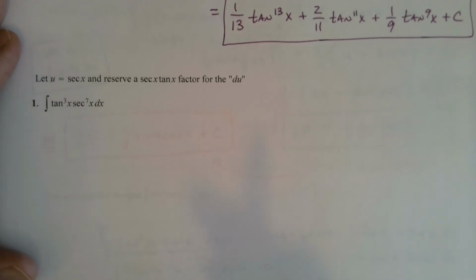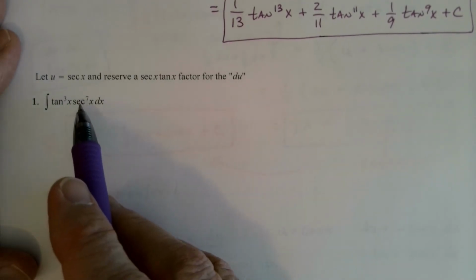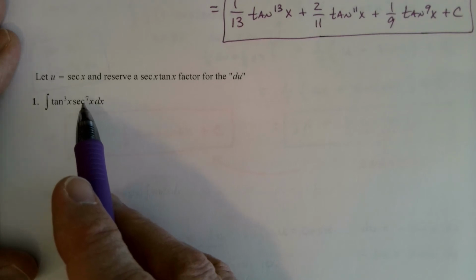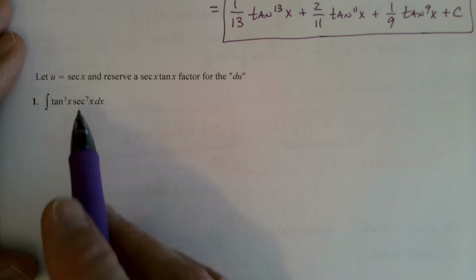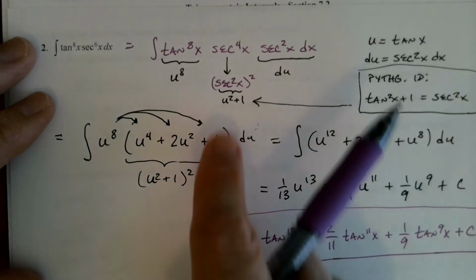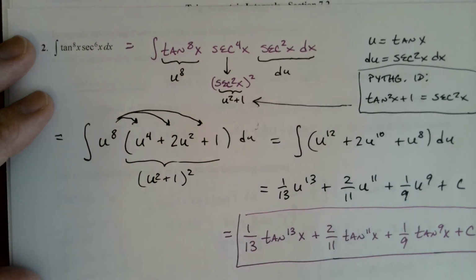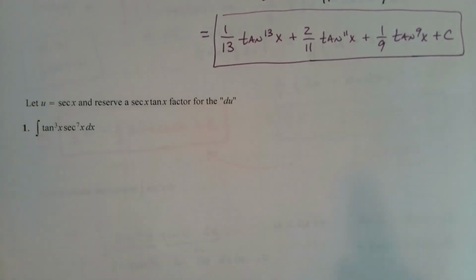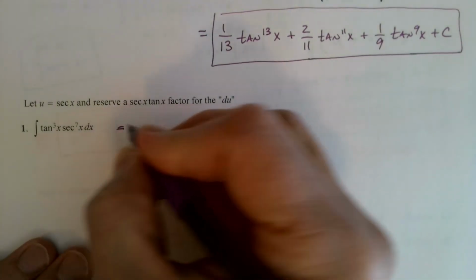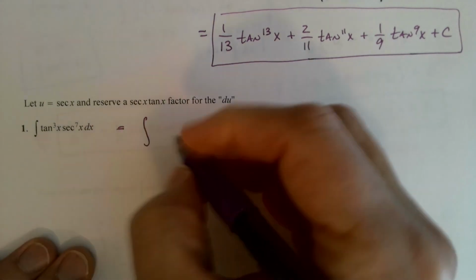So notice here, secant is odd, so we can't peel off an even power. You peel off a secant squared, but you'd be left with secant to the 5th. You can't convert all those secants over to tangents like we did up here. It has to be an even power in order to do that. You'd have a secant still floating around, and that won't work. But tangent is odd, and so I can peel off one tangent factor.